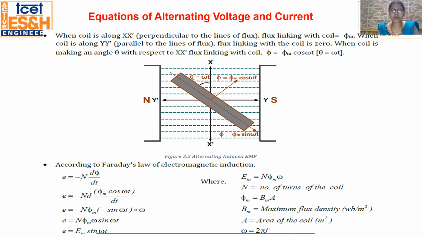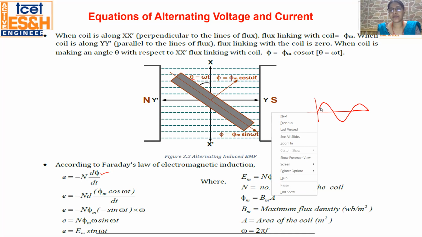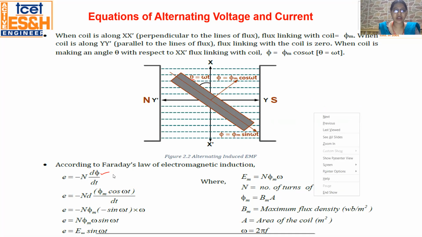Here we can write, see, this phi m always changes. It follows the cosine. So we can replace this phi by phi m cos omega t, and d of phi m cos omega t by dt. Now after the differentiation, what will we get? We will get minus N phi m minus sine omega t multiplied by omega.